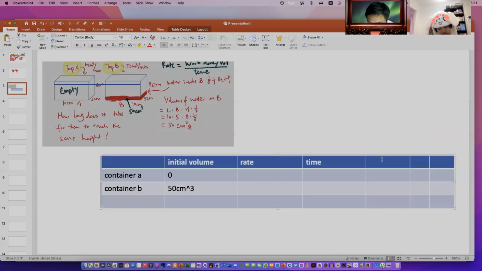So rate for A is 10 cm cube per minute. Over here is 5 cm cube per minute. So after some time, you will get the volume.